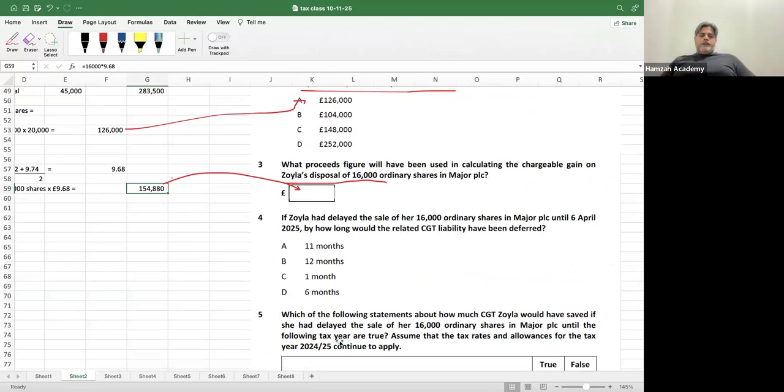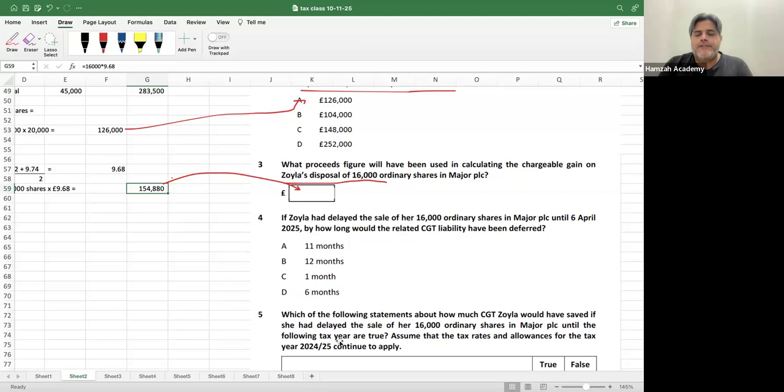Okay, now point number 4: if Zoila had delayed the sale of her 16,000 shares in Major PLC until the 6th April 2025, by how long would the related CGT liability have been deferred?